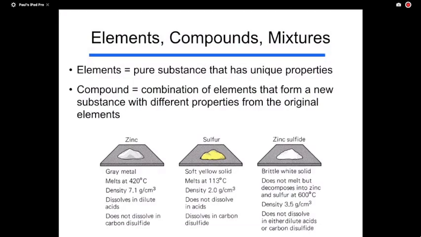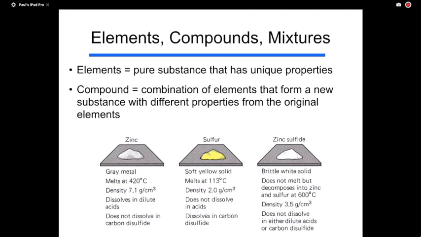Now, an element is one collection of atoms that are all the same in terms of number of protons and number of electrons, and they may have a little bit different neutrons, but that's okay. You know it's an element if you have something written and it has one capital letter.